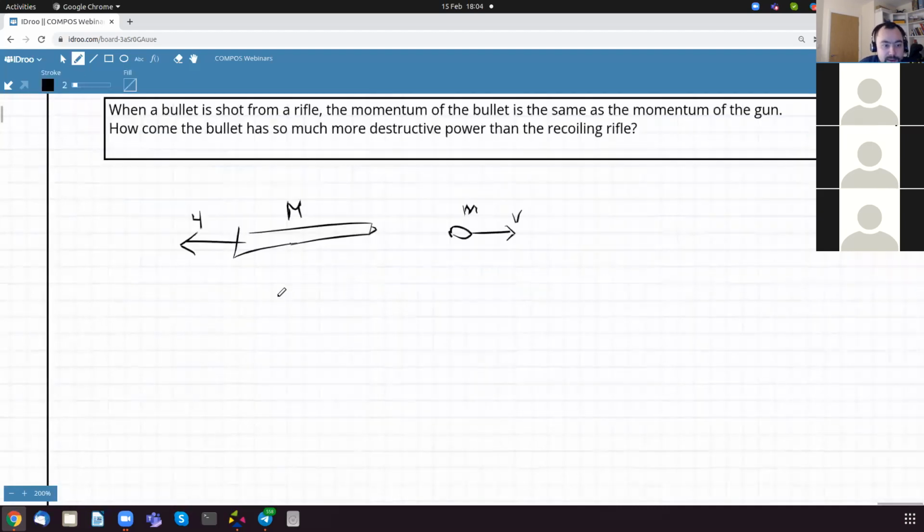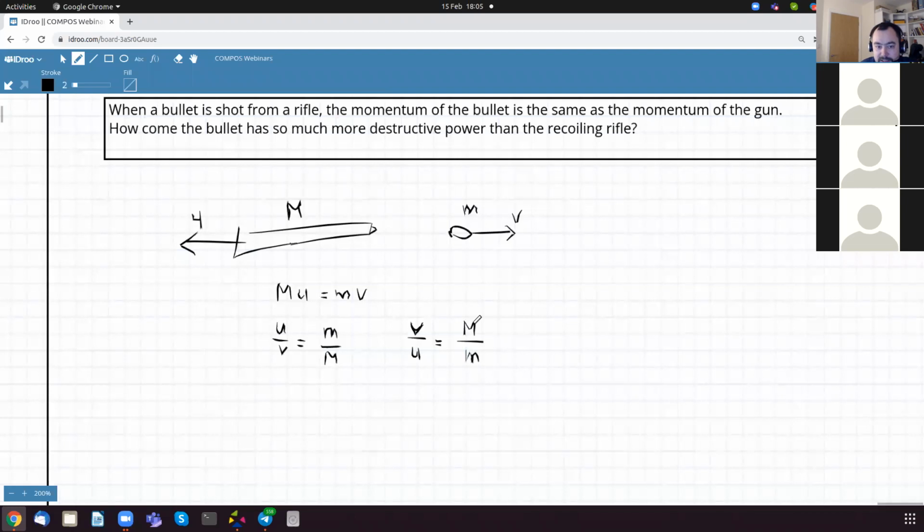And of course, Mu is equal to mv. So u over v is equal to m over M. Or in other words, the speed of the rifle divided by the speed of the bullet is equal to the mass of the bullet divided by the mass of the rifle.